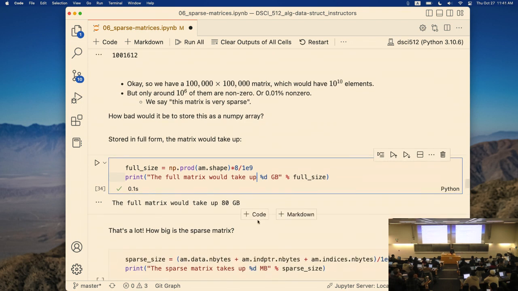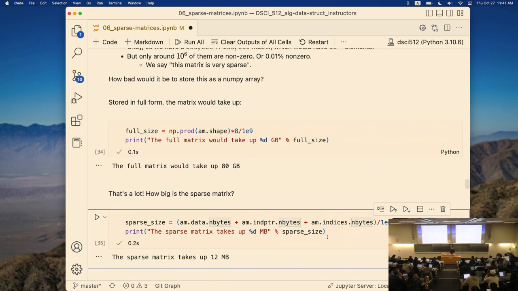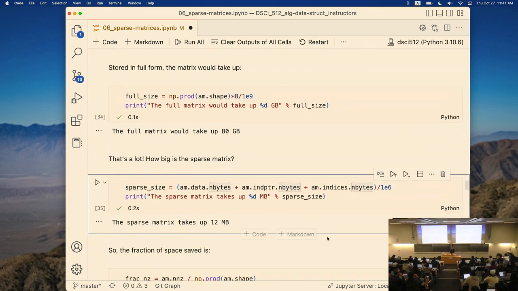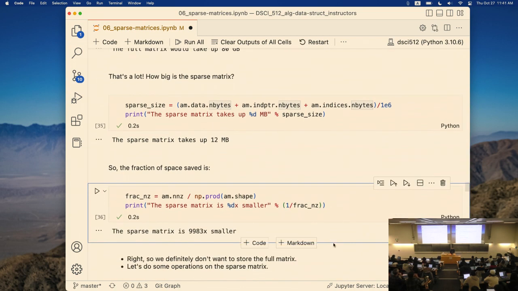However, in this representation, it only takes up 12 megabytes. And that's about 10,000 times smaller. So we can immediately see that as soon as we scale up, it doesn't make any sense to use an adjacency matrix to do any kind of reasonable computation.